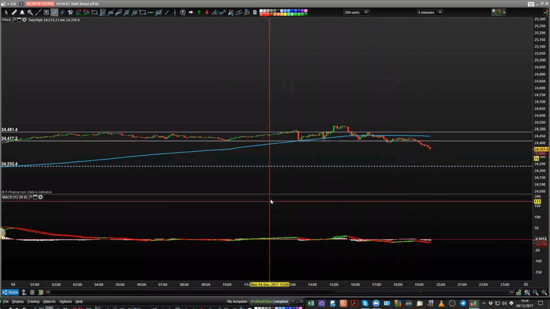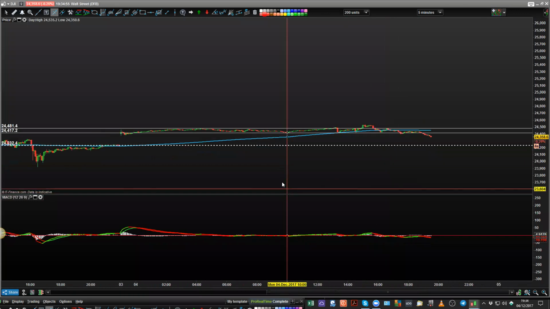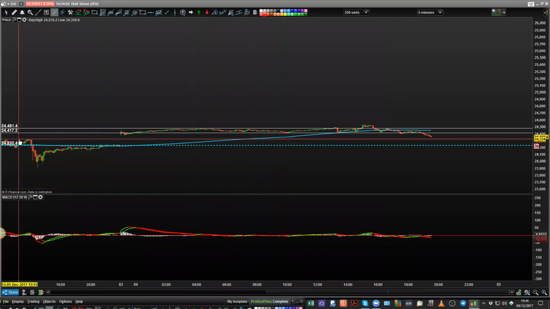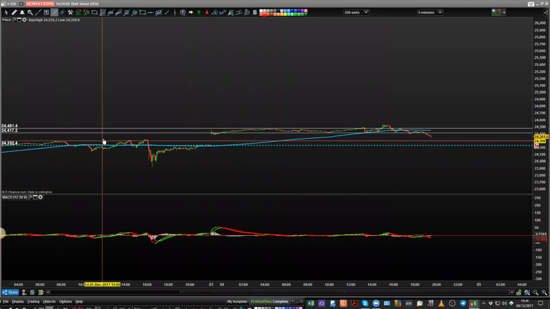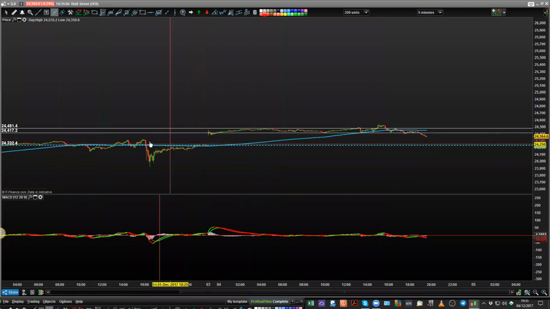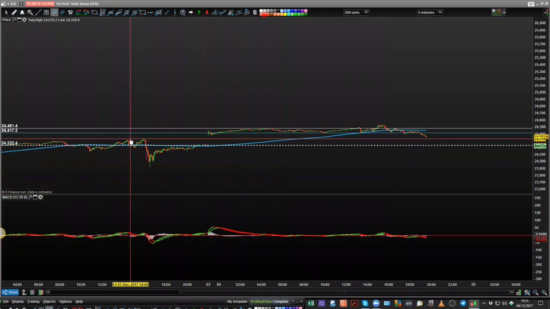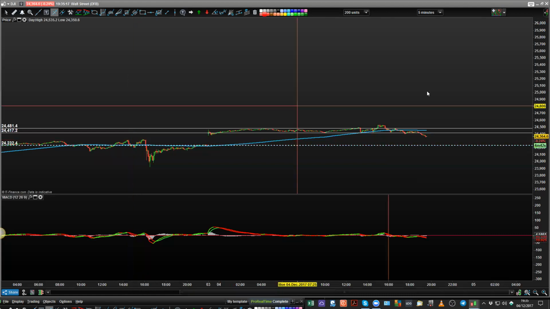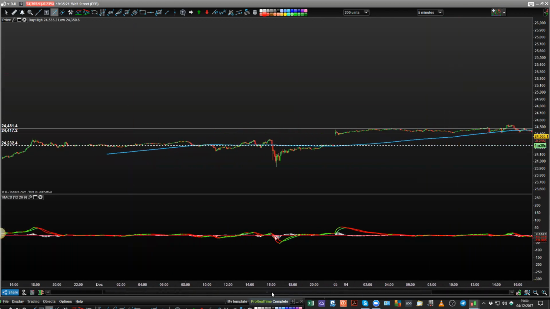And then here we are, as you can see, getting close to, well, pretty much, there's the gap fill there at 325. Well, sorry, that's not the gap fill, that's a testing of Monday's highs. And then there's the actual gap fill at 238, 230 area. A nice trade. I've done well out of this last couple of days.